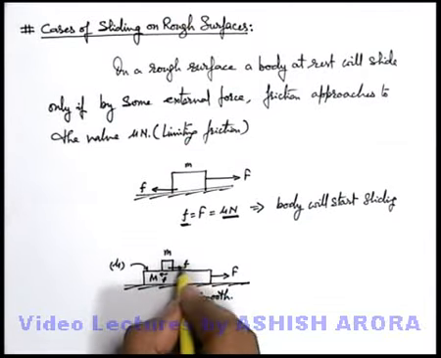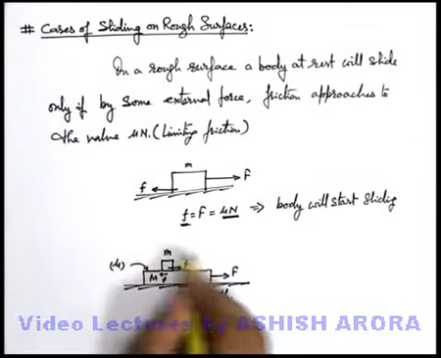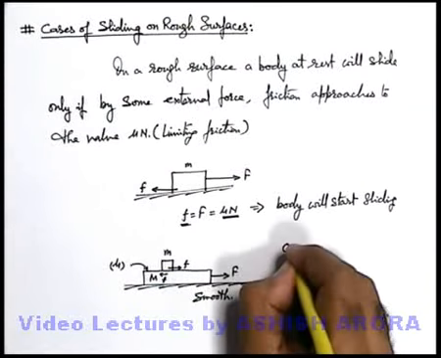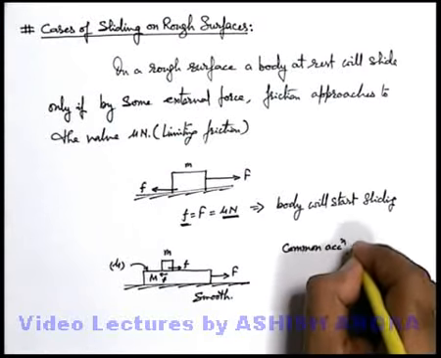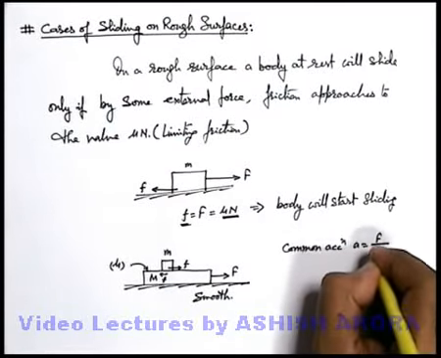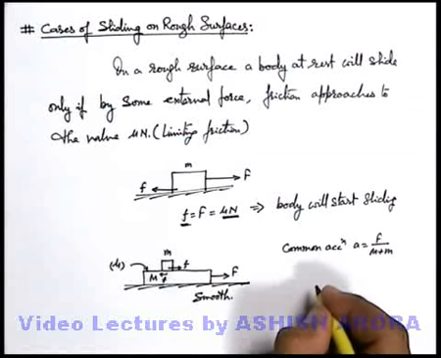Initially the value of friction will be very small and both will move together. So common acceleration of blocks can be written as F by M plus small m.